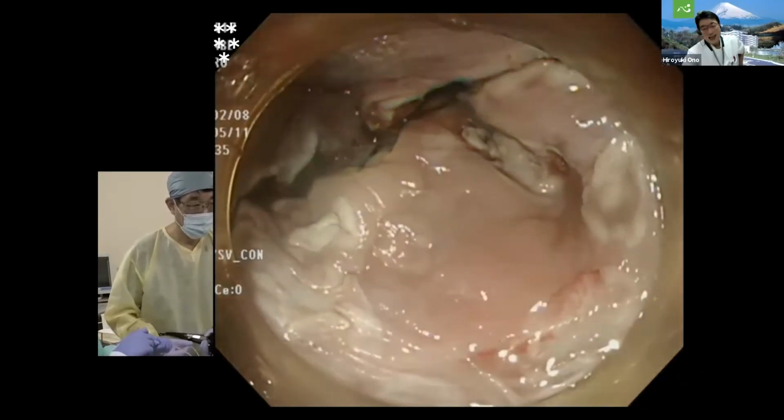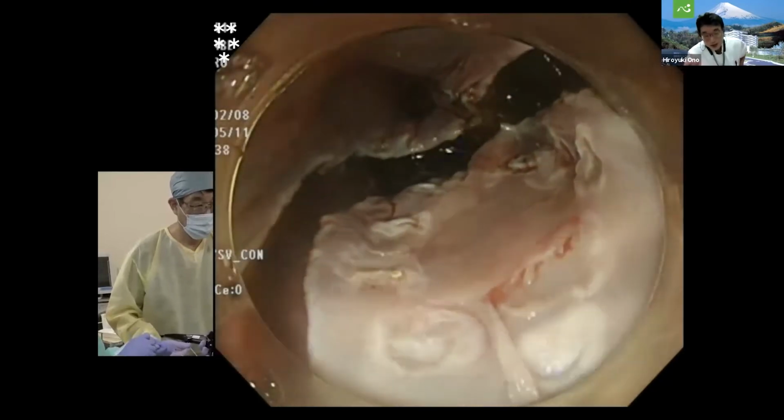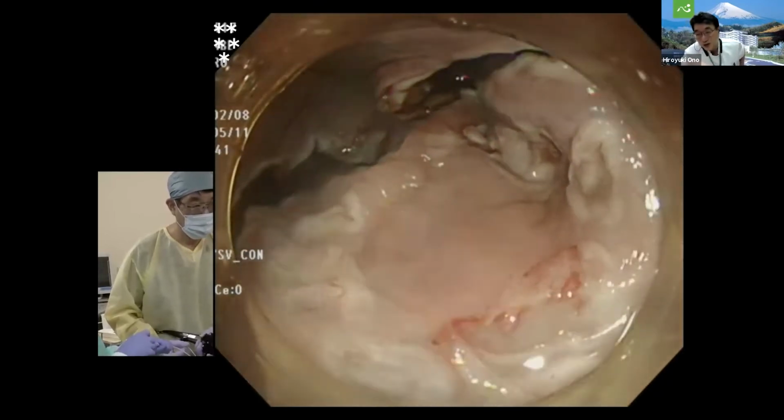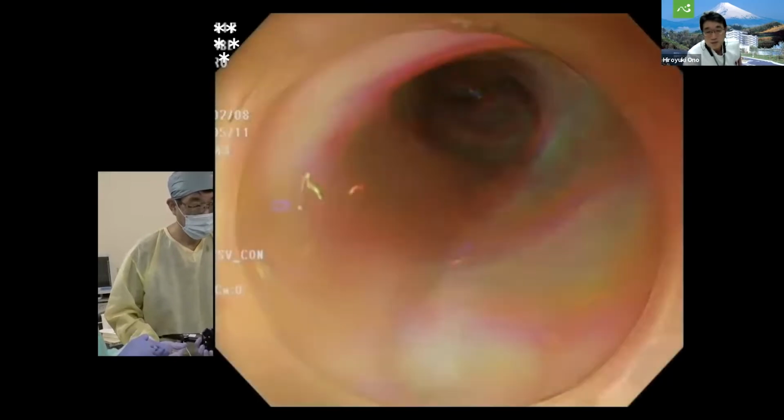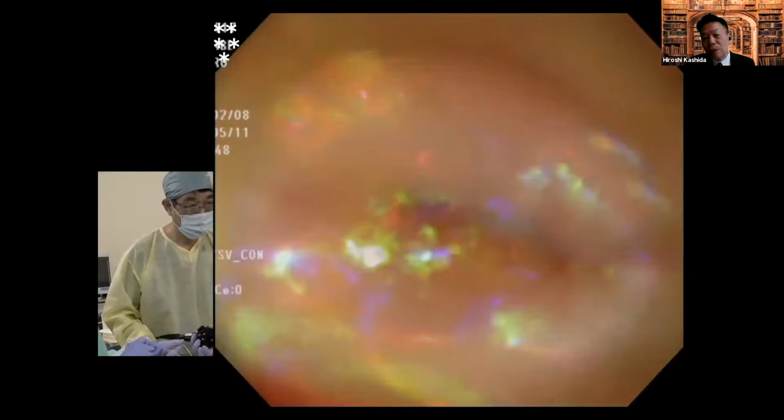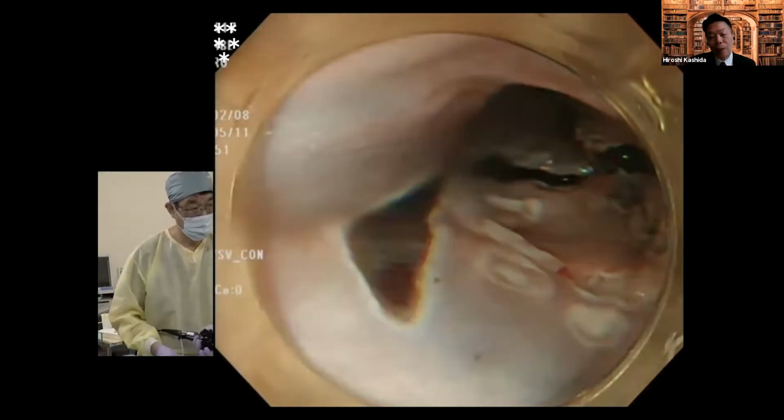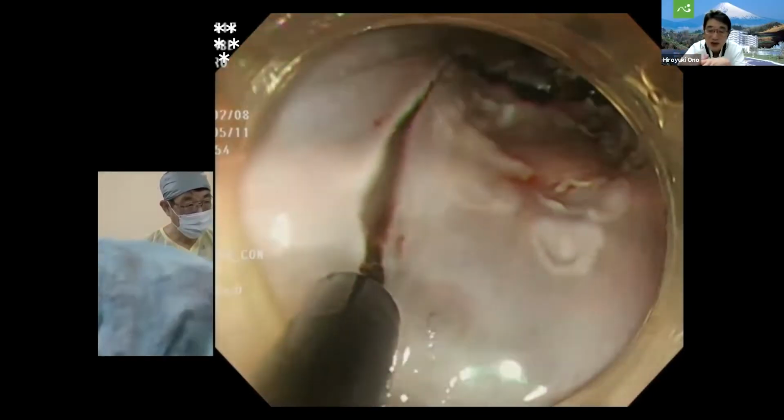So I strongly recommend using the IT knife nano for the esophagus. How about for the colon? Yes, of course, we use the IT knife nano.